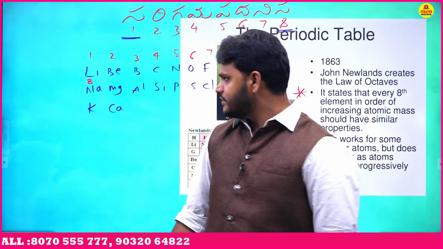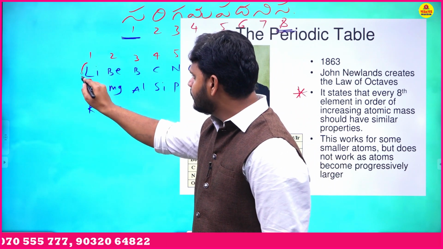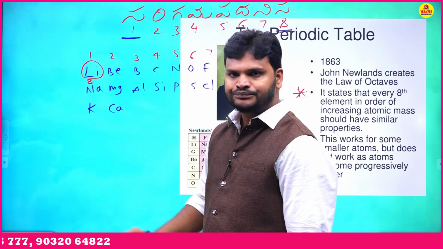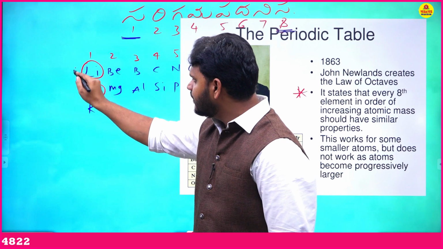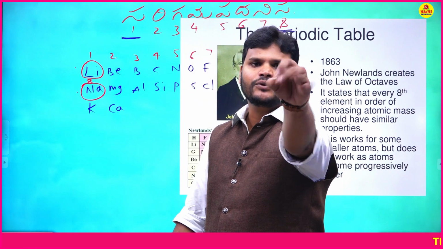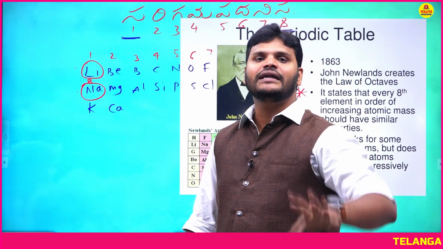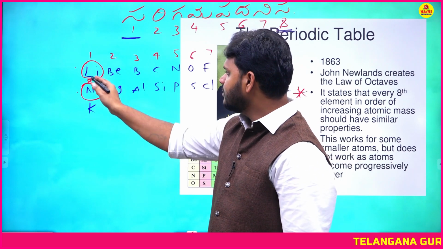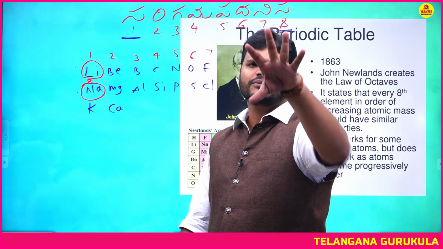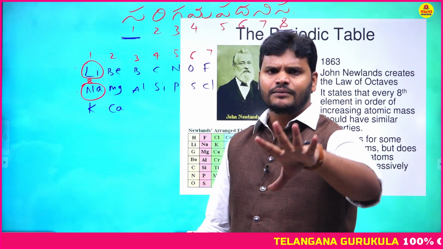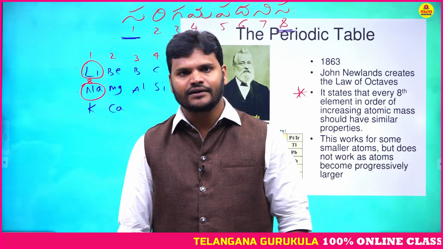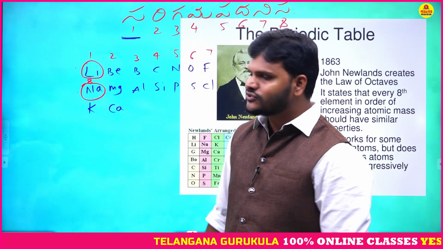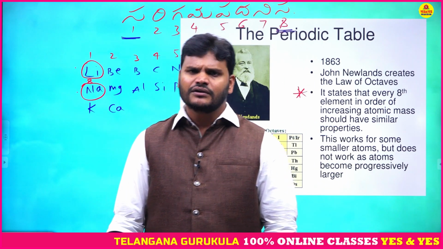The first element is lithium and the 8th element is sodium. So lithium and sodium have similar properties. Yes or no? Definitely yes. Why? Because lithium, sodium, potassium have similar properties. Because these belong to the same group. These three are alkali metals. But actually this concept also has limitations.